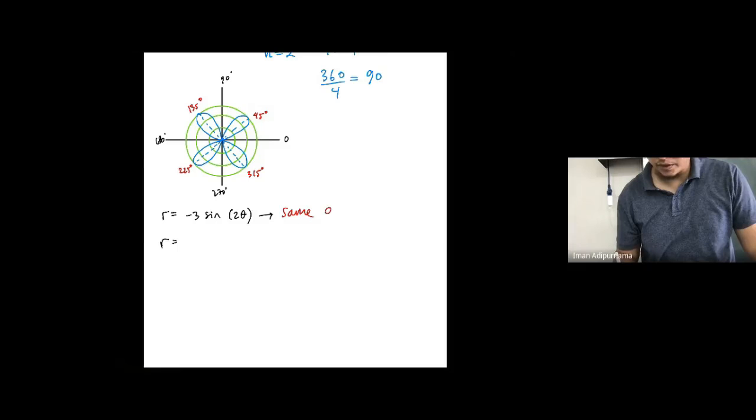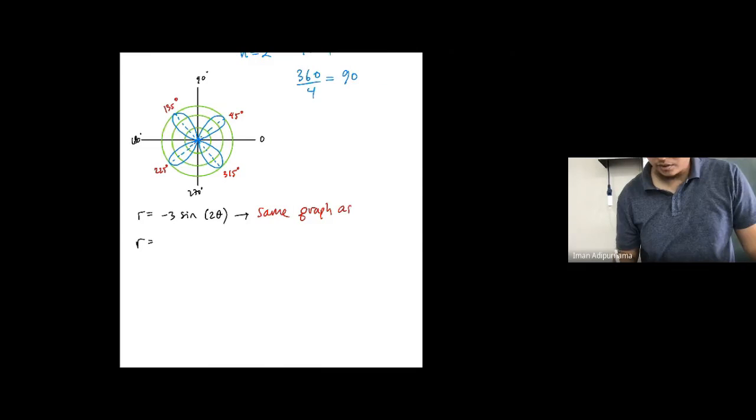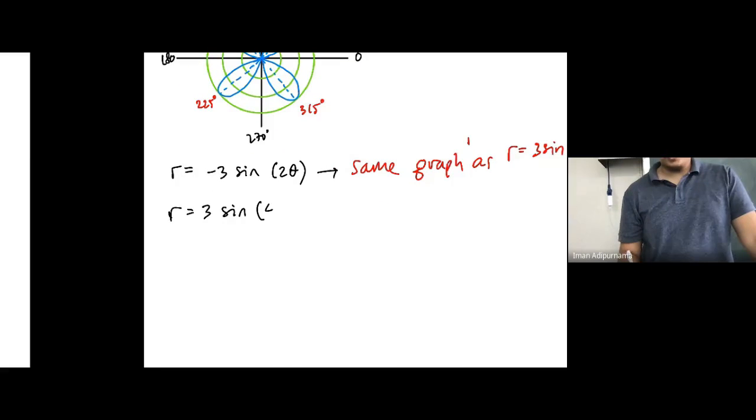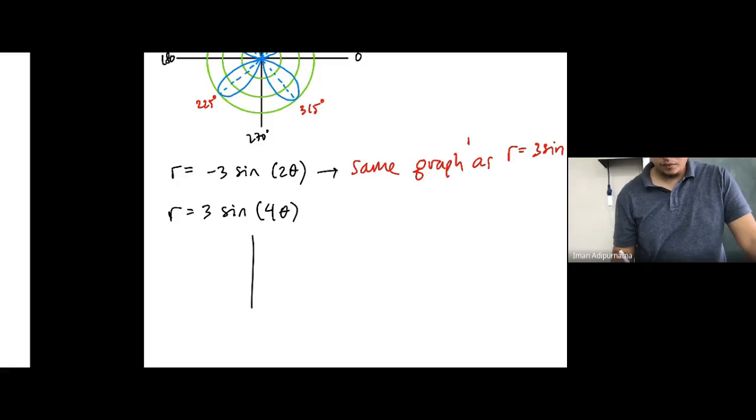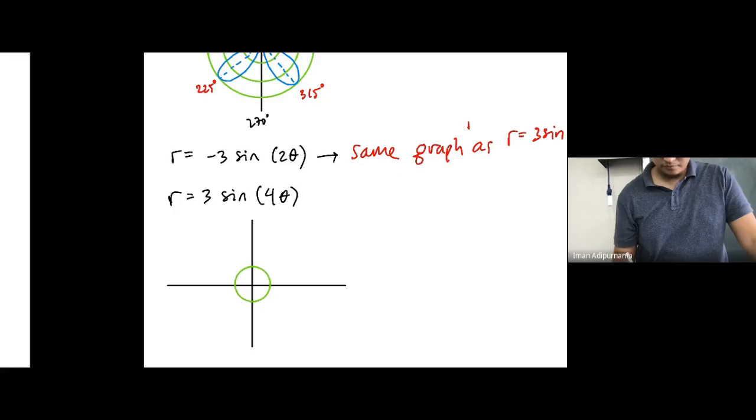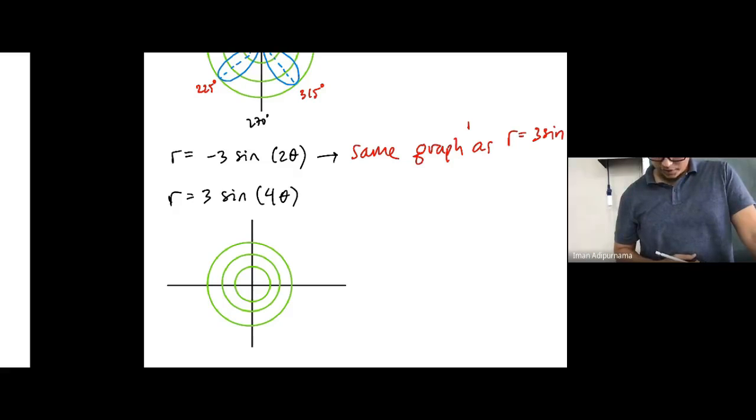Let me write, this is the same graph as r equals 3 sine 4 theta. Okay. Yeah, it's not really a good circle, but yeah.